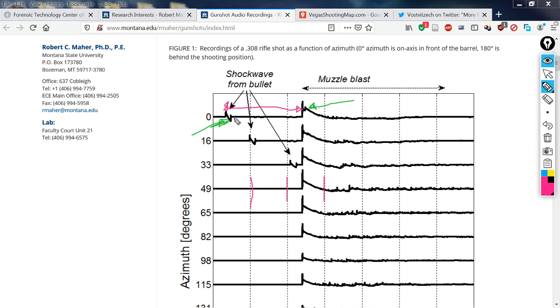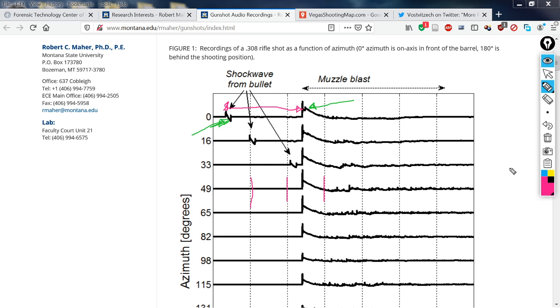The further away you get from the gun, the bigger this lag would become at a specific angle. So at this angle, this lag is almost strictly determined by the distance from the shooter. In this case particularly because he's on the ground and he's firing horizontal to the plane of the ground. But as the angle increases, things happen.